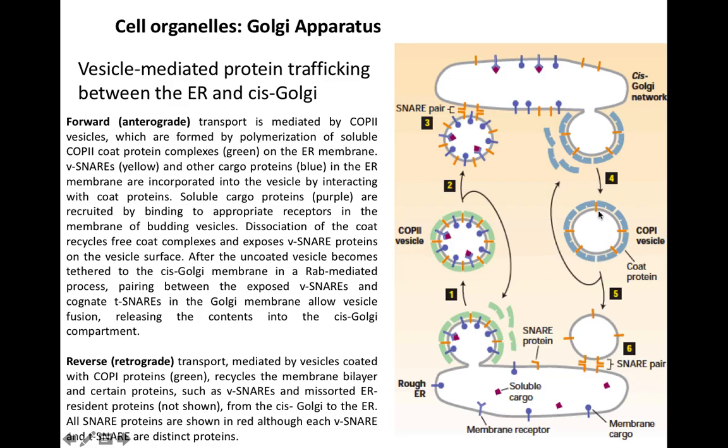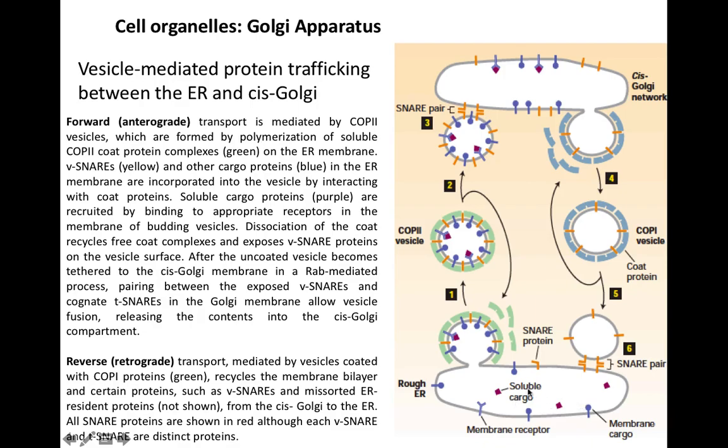And these vesicles again contain SNARE proteins, and the membrane of the ER also contains SNARE proteins, and then docking takes place between these two SNARE proteins, and then this vesicle would fuse with the membrane of the ER and would become part of the ER. So we have seen that there are two phenomena. One is anterograde, or forward movement of the vesicles from the ER towards the Golgi apparatus, and the second one is the reverse, or retrograde transport from the Golgi apparatus towards the ER.